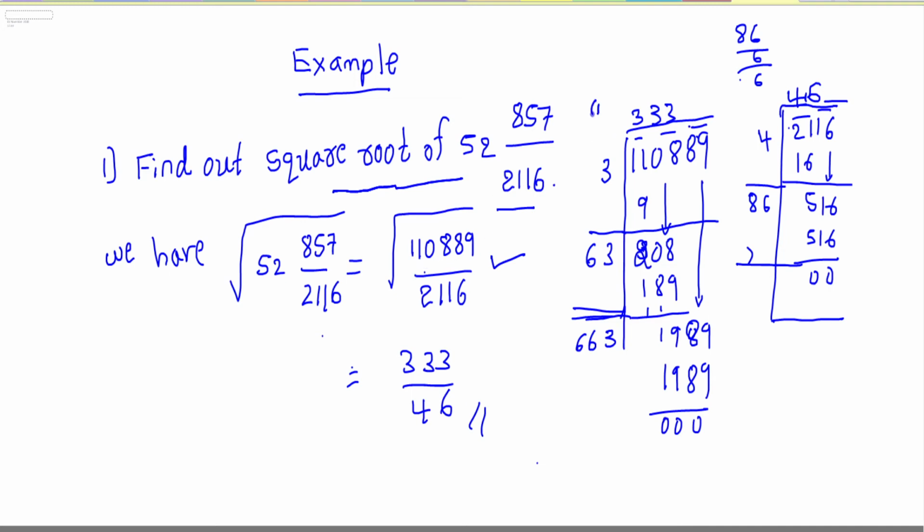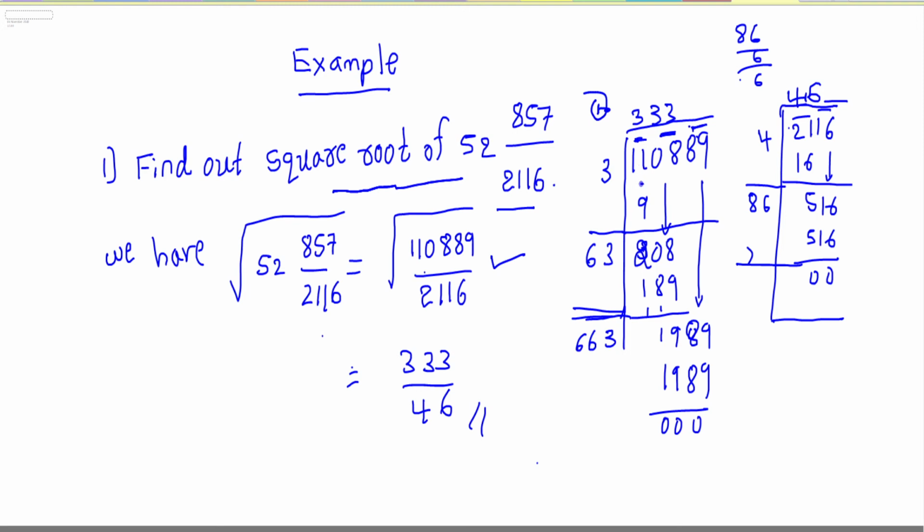So first I will take the numerator, that is 110,889. The first step is again the long division process. You group the digits in pairs from right to left: 89, 08 and then 11.